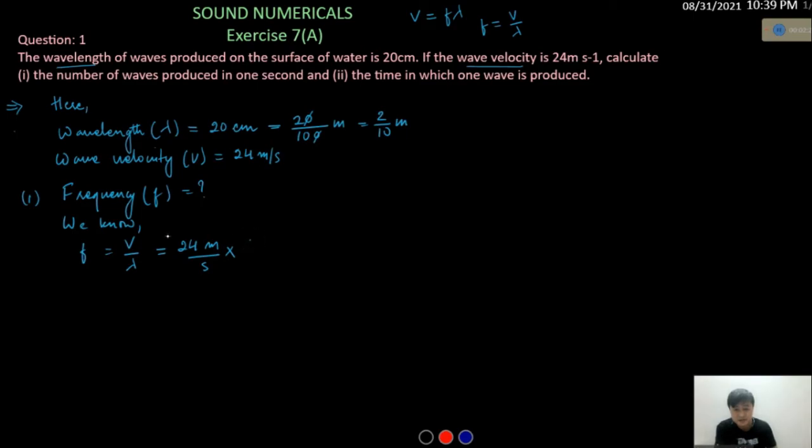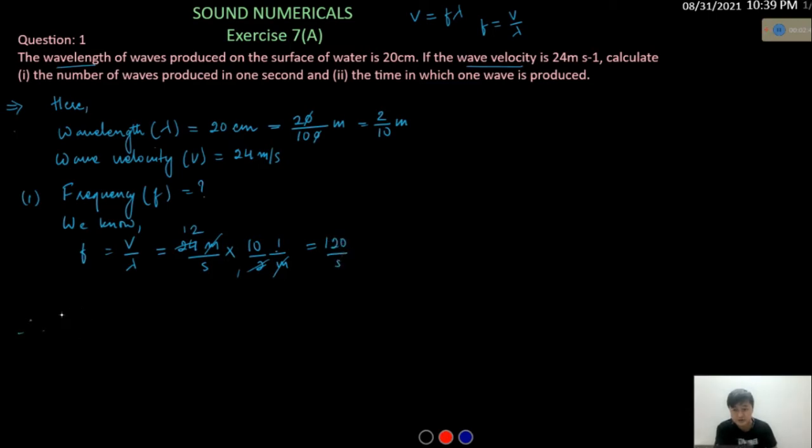Since it is in the fraction, we will take the reciprocal, this will become 10 upon 2 meter. Okay, so this meter will be down, this is 1 by meter, so meter and meter will get cancelled. 2 1 are 2, 2 1 are 2, 2 2 are 4, this will become 120 per second.